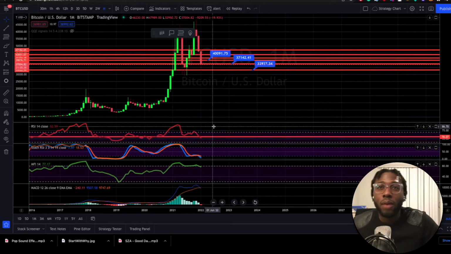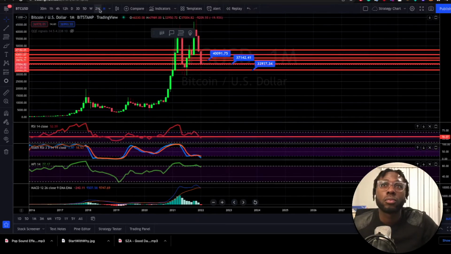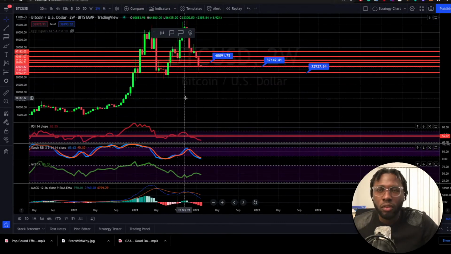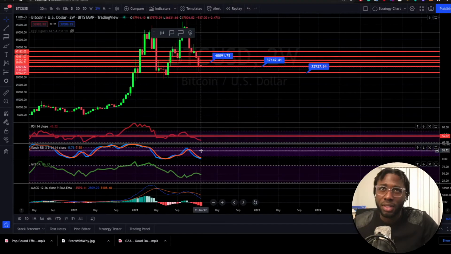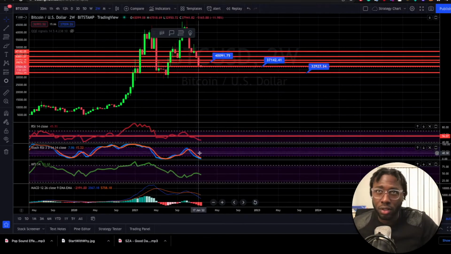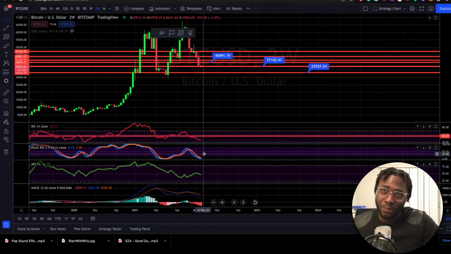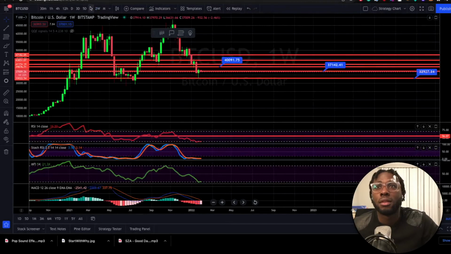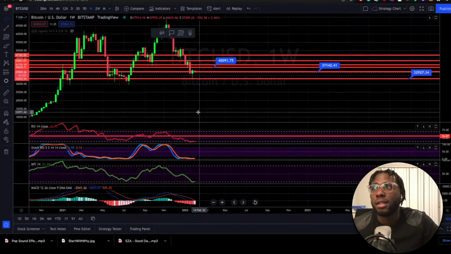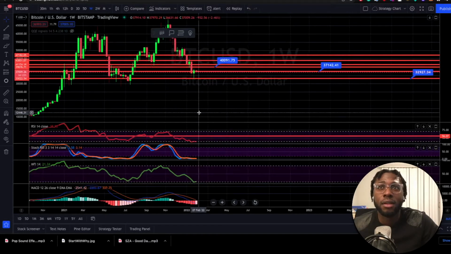Now we're going to go downwards to the 2-week. From the 2-week chart, we can see that we're heading downwards from the stochastic, but we could have a cross here in the future. I'm anticipating February 14th. All right, we're going to go down to the weekly. This is a good sign.